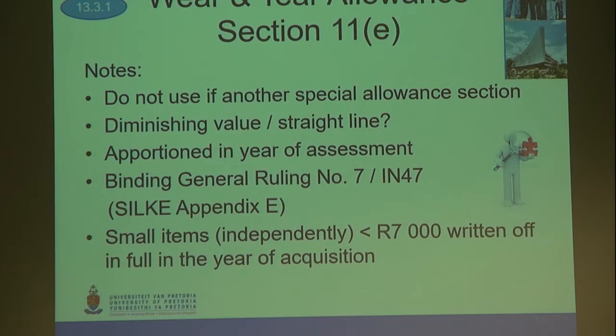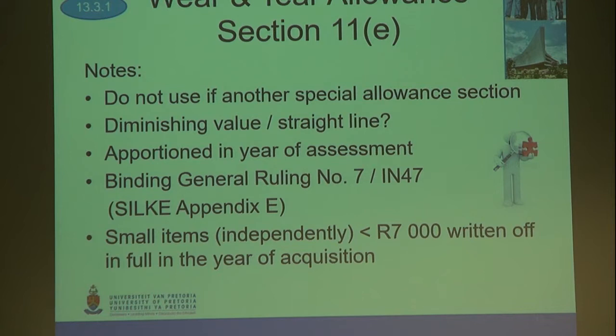So for example, if I buy a laptop and it costs me 6,000 Rand, I can write off the 6,000 Rand immediately. As soon as you see an asset that has a cost of less than 7,000 Rand, you can write it off immediately. Just a little bit of guidance there because then people got clever. People always get clever and then we have to cover up with new legislation and new things.